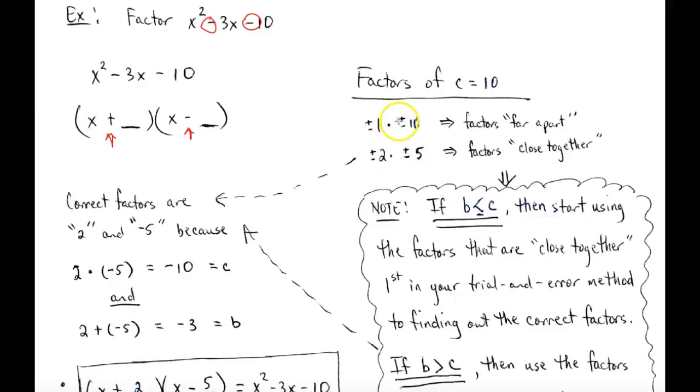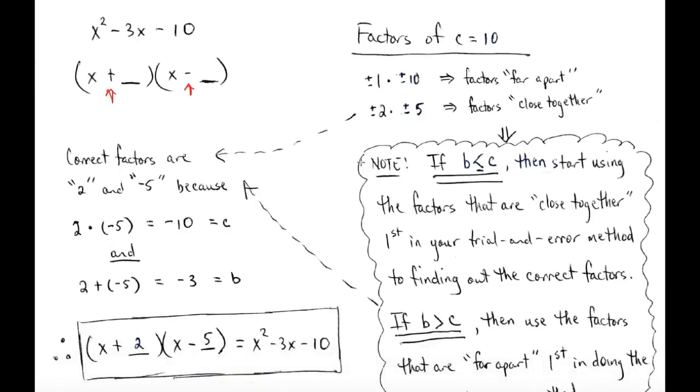Well, we know that plus or minus 1 times plus or minus 10 is 10, and we know that 2 times 5 is 10. I'm just adding the plus or minus because we know that a negative times a negative is a positive. So if we look here, we see that the correct factors to use are going to be a 2 and a negative 5.